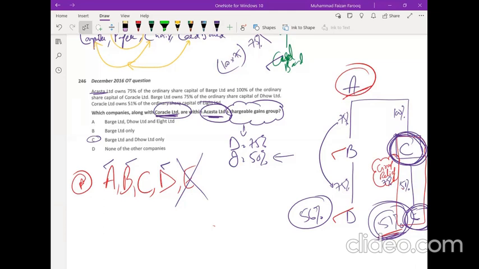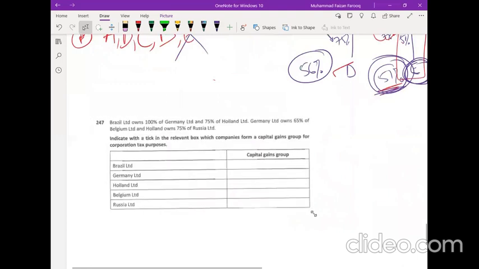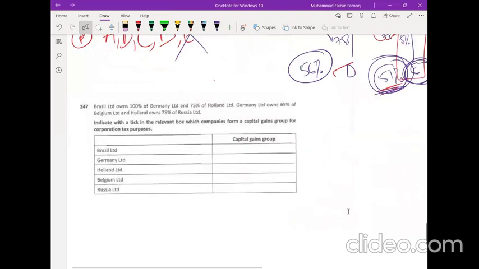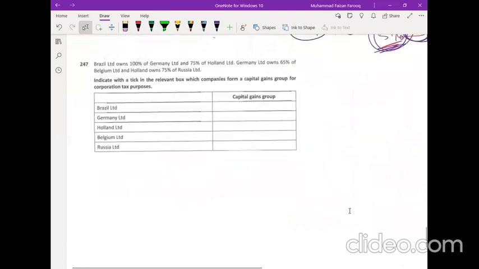No question. Okay, same type of question we have here. Brazil, can you tell me the answer, please? What do they ask you? Which group? Capital gains. Okay.